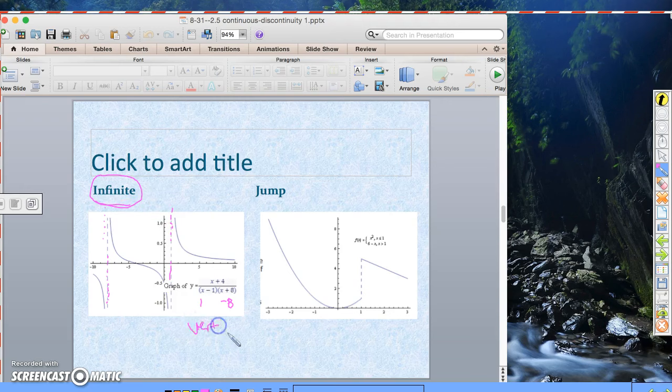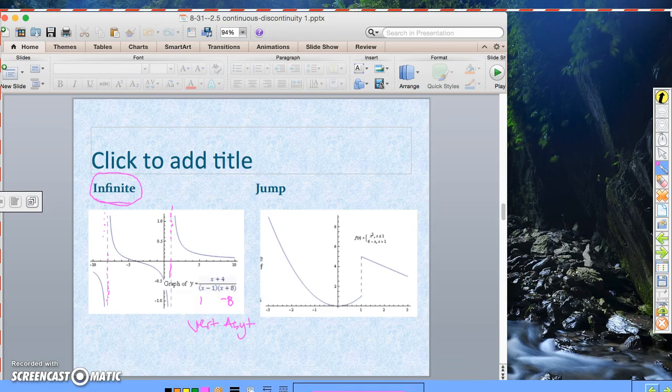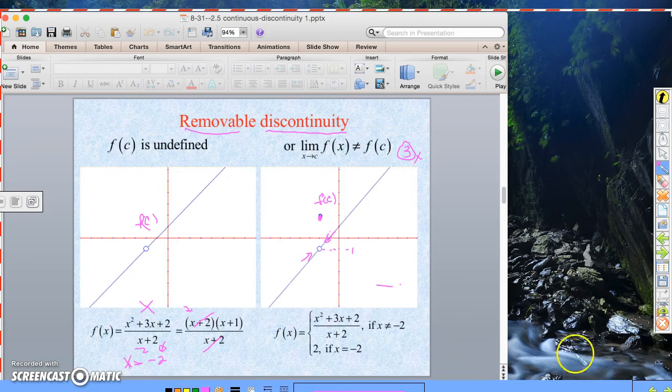We'll talk about it at a later date. Just know that when you have something in the bottom that, when you plug a value in, is equal to 0, and you cannot reduce, then that creates what's called infinite discontinuity. If you can reduce like this, then those are called removable discontinuity.